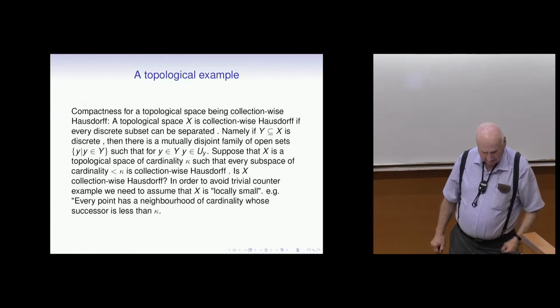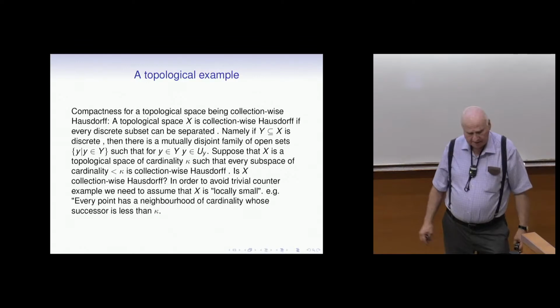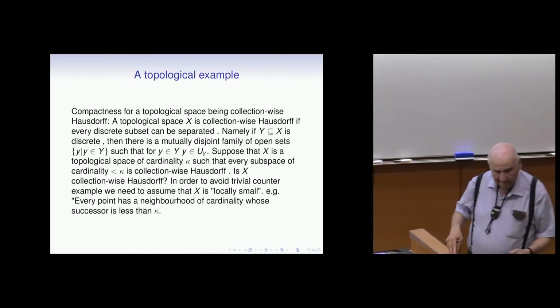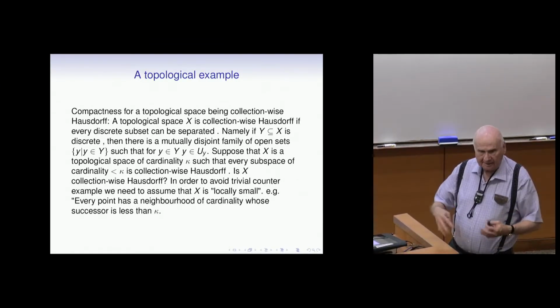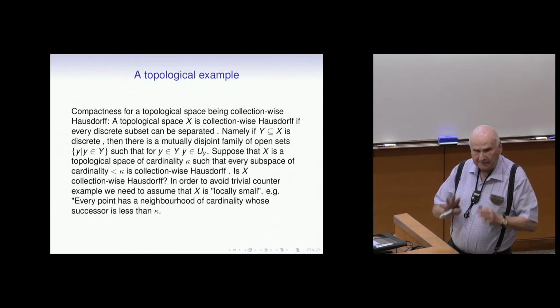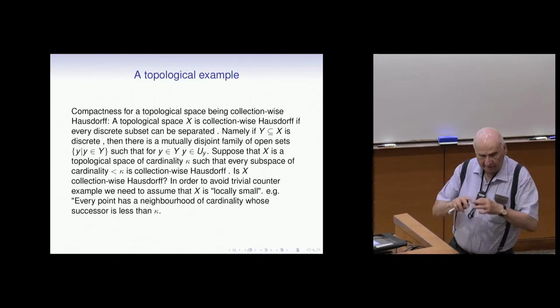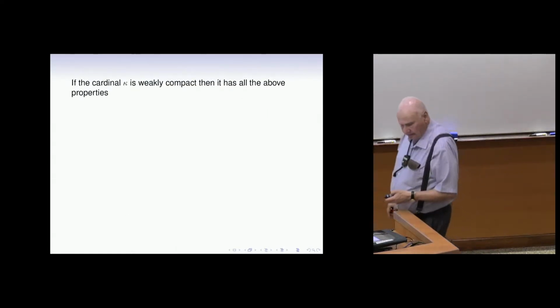Is X necessarily collection-wise Hausdorff? In order to avoid trivial counterexamples, we usually have to assume some local smallness condition about X. For instance, there are several about the size of the neighborhood base and so on, but for the sake of this talk, let's say that X is locally small if every point has a neighborhood which is relatively small, of cardinality less than kappa.